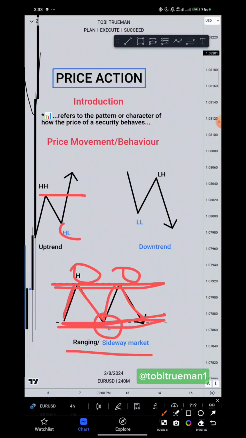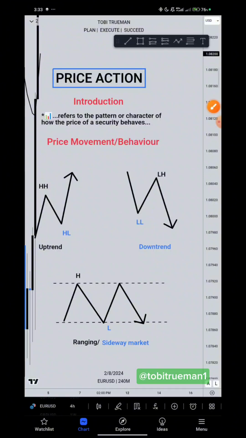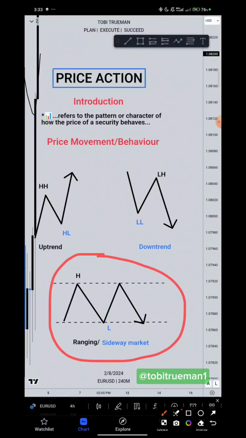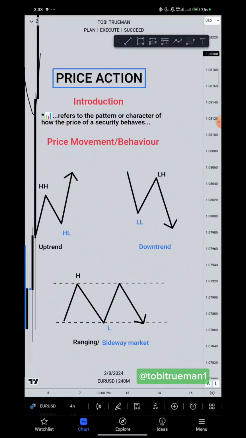It first formed the higher high, then came down, formed a higher low, then went up to take out the higher high. That is our uptrend. The same thing for the downtrend: price went up, came back to take out the lower low, forming lower high and then lower low. So this is a downtrend. But a sideways market is not advisable to trade, so I will not put much emphasis on it, because you will see it as we continue trading.